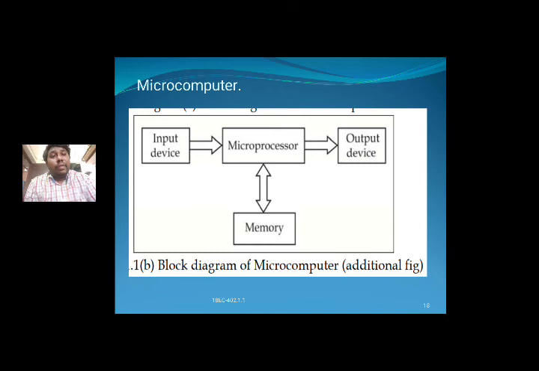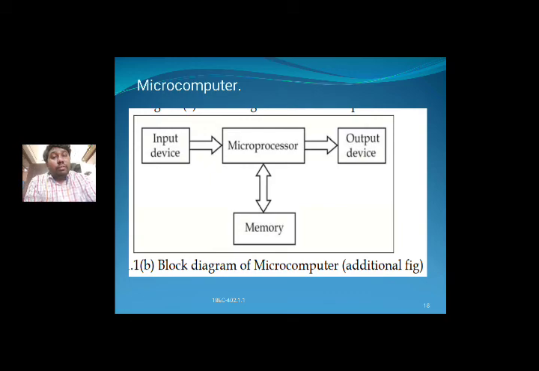Here the input device, output device, microprocessor. In between input device and output device we have the microprocessor unit and memory unit. These are the important blocks of the microcomputer.